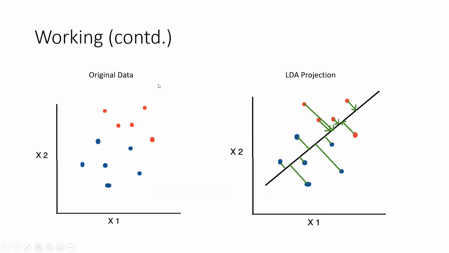But how does this process happen? It's very simple to say that it draws a line in such a way that it achieves maximum separation, but how exactly it happens is a bit more mathematical in nature.